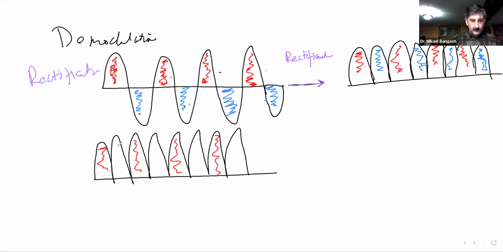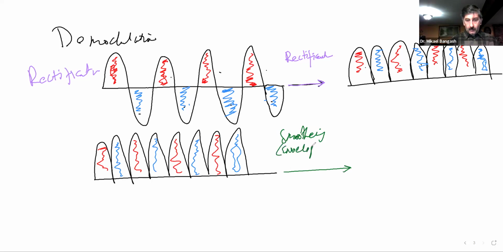And these originally were the negative voltages, which just became positive as a result of rectification. The next step is what we call smoothing or enveloping.